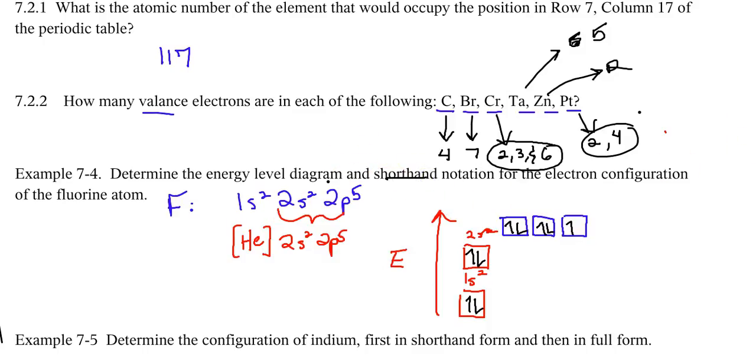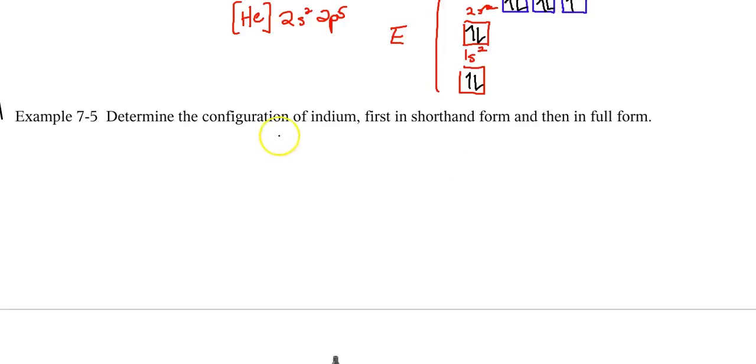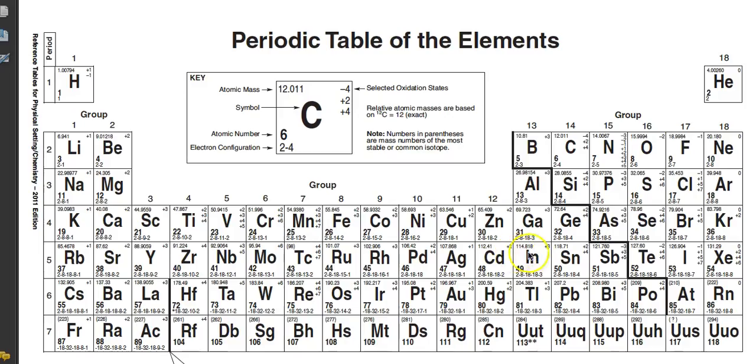Fantastic. Moving on to 7.5. Determine the configuration of indium, first in shorthand and then in full form. Let's go. So indium, I'm going to go right here. 1s2, 2s2, 2p6, 3s2, 3p6, 4s2, 3d10, 4p6, 5s2.